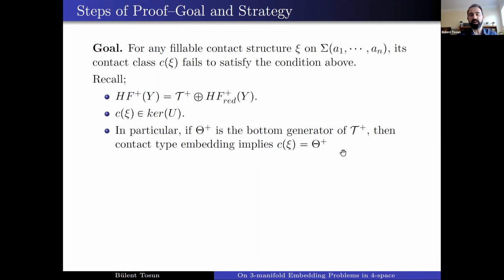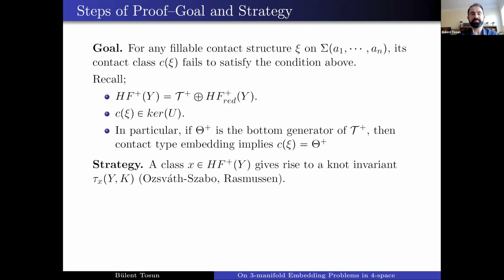Our strategy is the following. If you are given a class in HF plus, this gives rise to a knot invariant, the so-called tau of the class and K. If you take K to be a knot in S3, this is the famous tau invariant, first introduced independently by Ozsváth-Szabó and Rasmussen. On one side we have the contact class, on the other side we have this theta class.